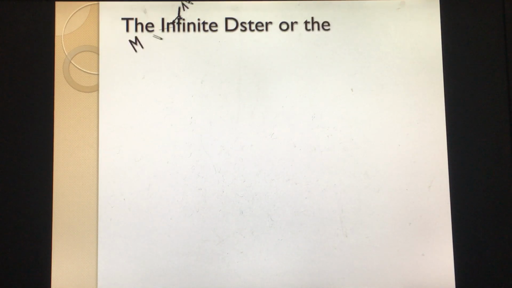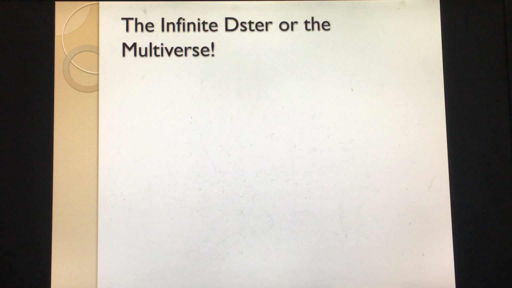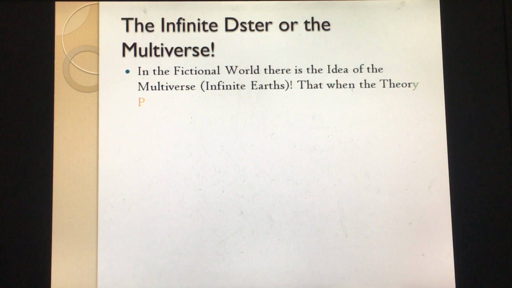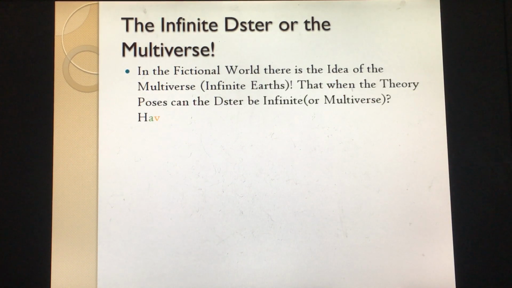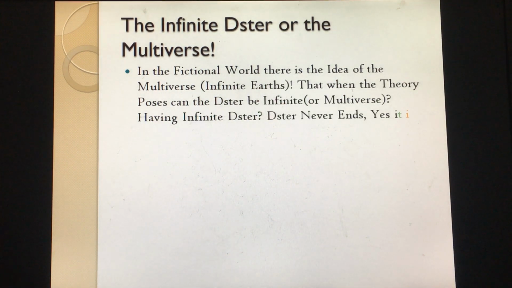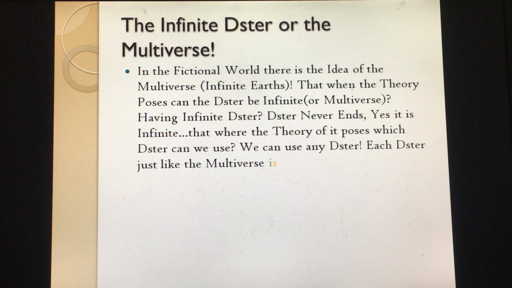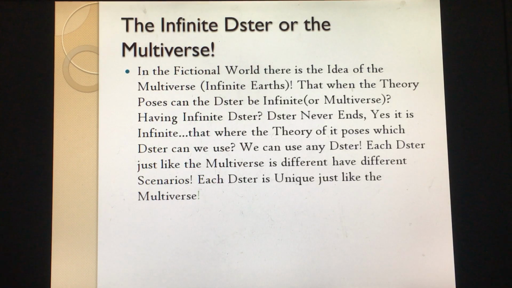And for those of you who are not up to date, the infinite Dster and the multiverse are similar in a way because they're infinite. They're infinite because they never end. You can have as much as you want. Keep doing it, it never ends. So the Dster can keep going and going because it's infinite.